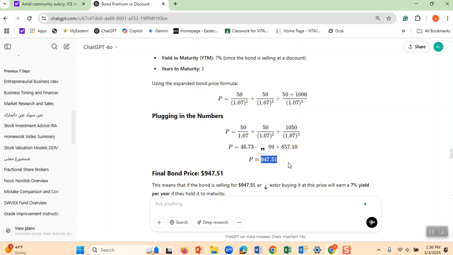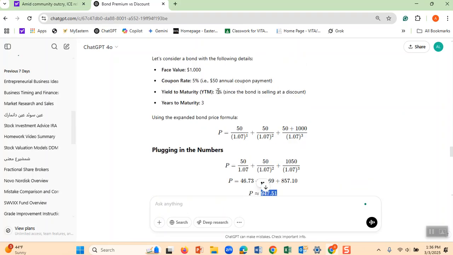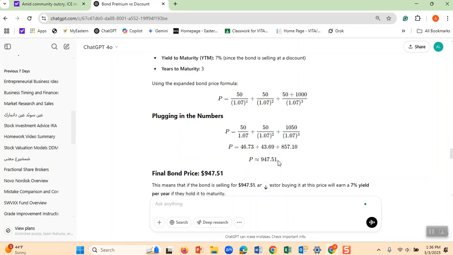That means Donald Trump is trying to compensate you for the less interest that he is giving you, because he is giving you 5% and the bank is giving you 7%. Therefore, the bank tells you, bring $1,000 to us, but to encourage you to give your money to him, Donald Trump says, come here and I sell this bond to you for $947.